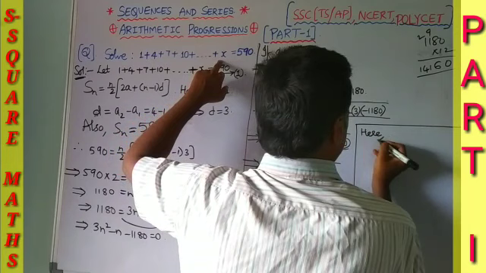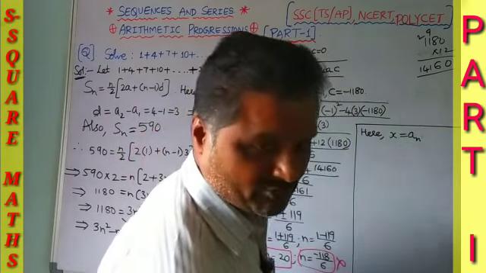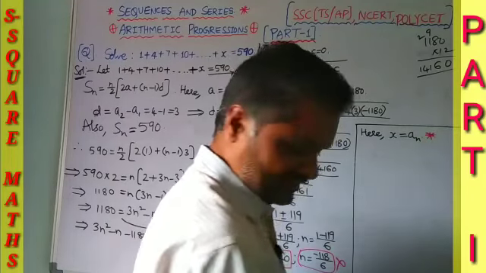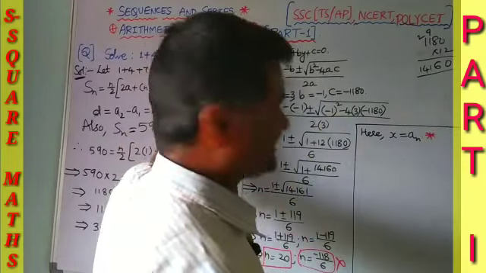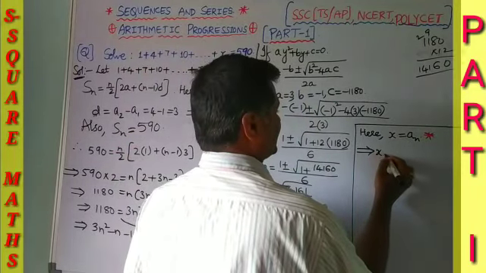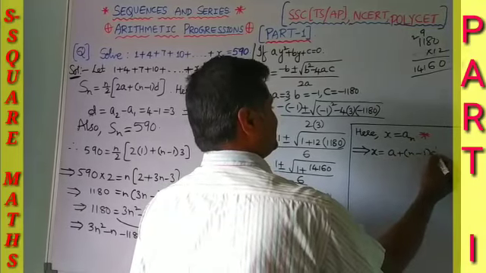Here x is equal to an. This step plays a very important role, because it is the nth term or the general term in our series. So x is equal to the nth term, a plus n minus 1 into d.